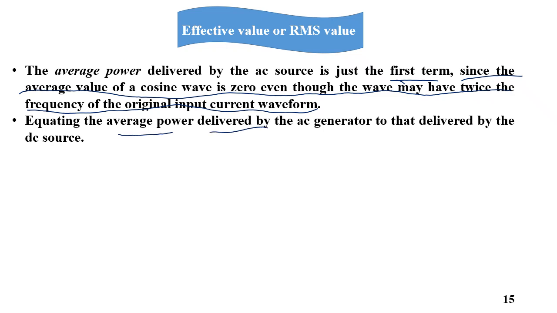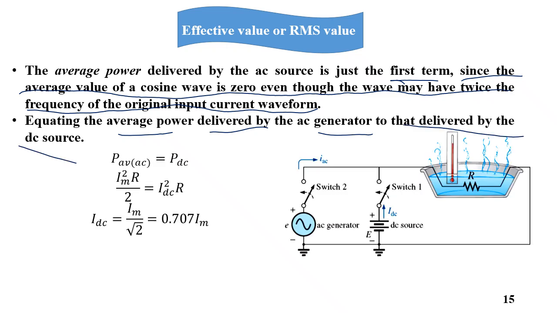Equating the average power delivered by the AC generator to that delivered by the DC source, we have the power AC average equals the power DC. For the power DC, I DC squared times R equals I maximum squared times R over 2.